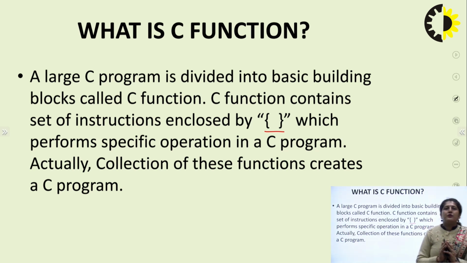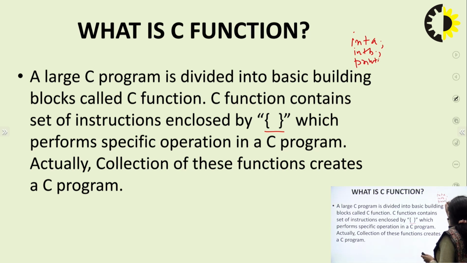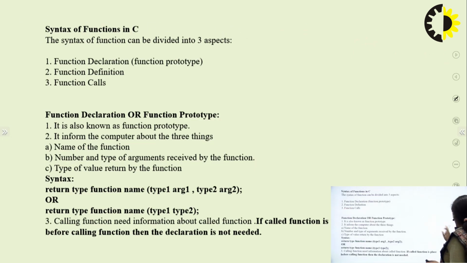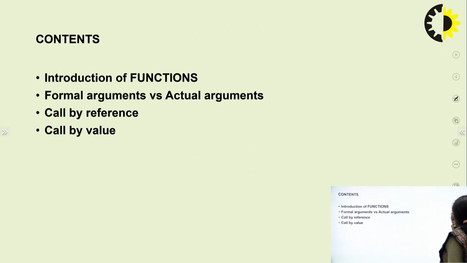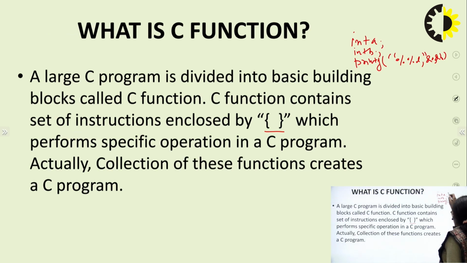Let us suppose we want the sum of two numbers. We take the values for A and B from the user, and sum is initially 0.